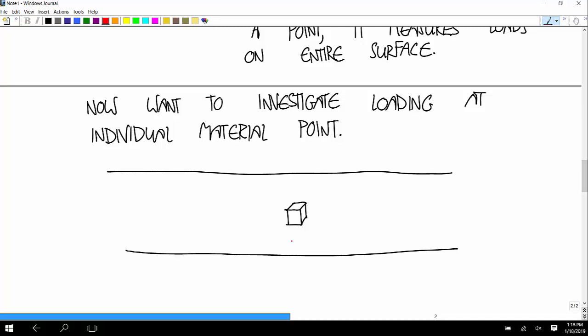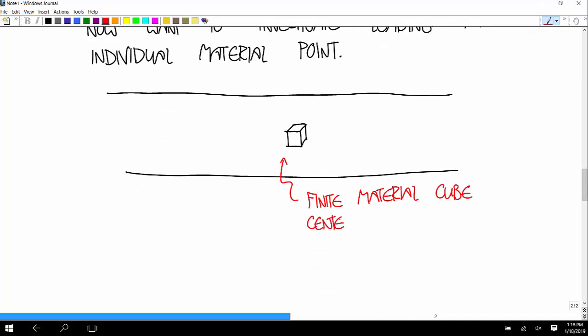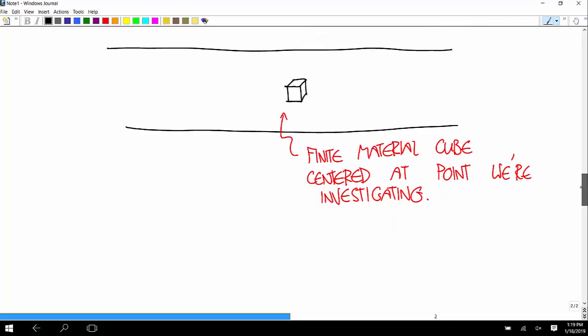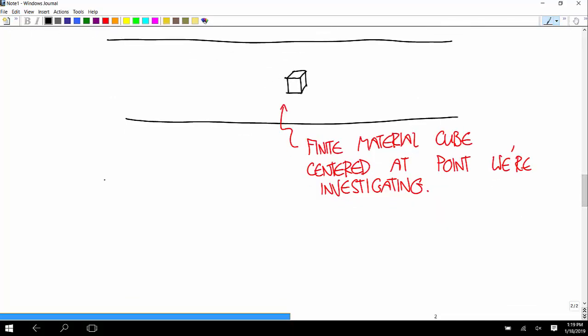Okay, so this is a finite material cube that's centered at the point we're investigating. So what's the loading on that cube? So I'm going to draw a free body diagram of that cube.